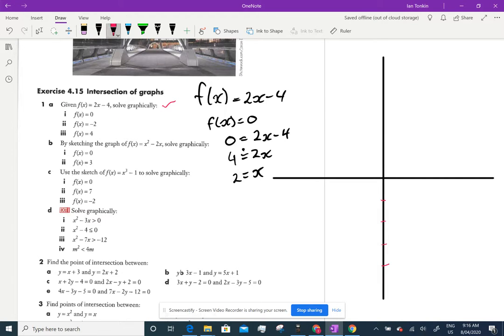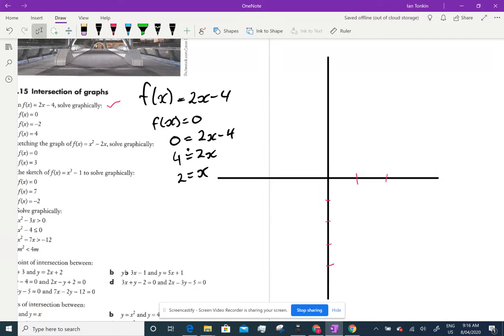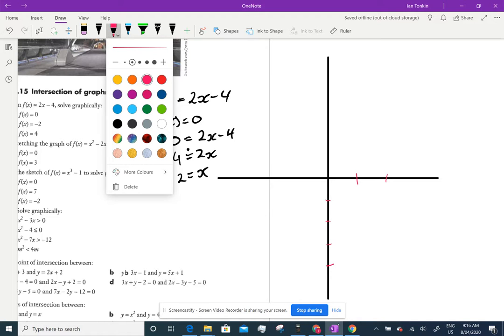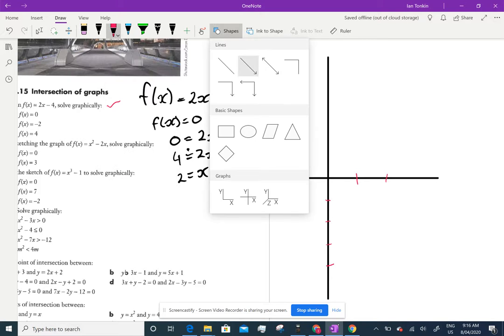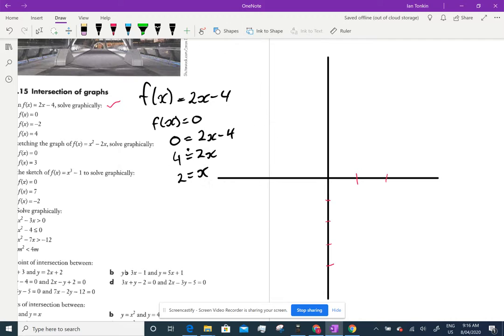Now that's the x-intercept. So now I'm going to draw this line. And it's going to be very hard. Actually, I might be able to do it. Okay, and that'll have to do.